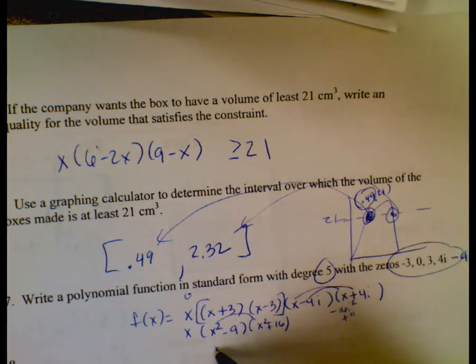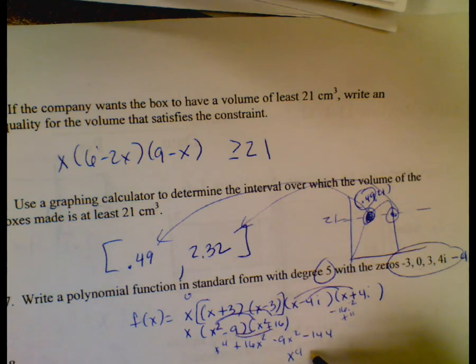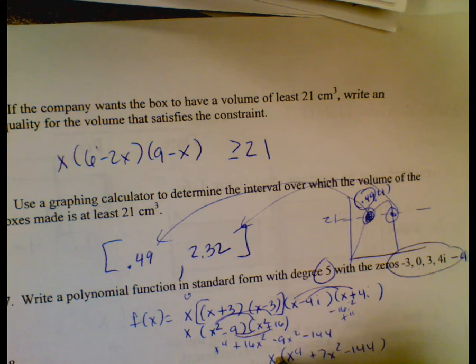This is x to the 4th, plus 16x squared, minus 9x squared, minus 144, which is x to the 4th, plus 7x squared, minus 144. Then we have the final x that's out front, and we're going to distribute that. And this is your polynomial function. Lots of FOILing.